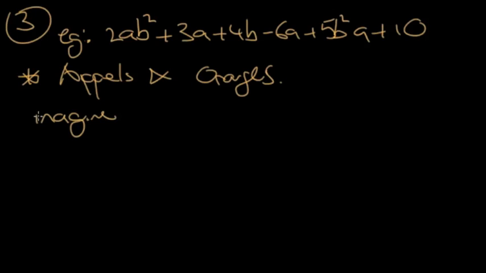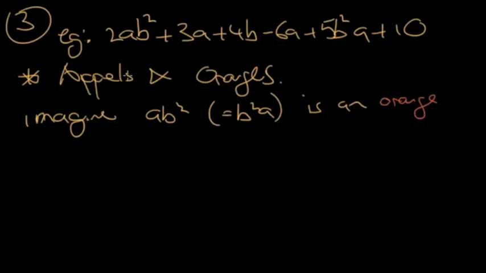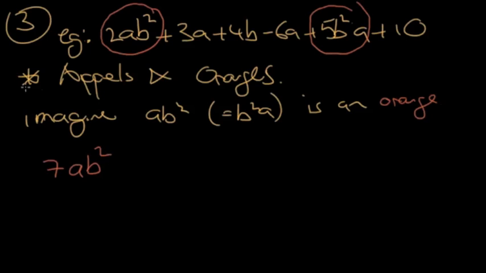Imagine AB squared, which is the same as B squared A, is an orange. So let's think about how many oranges we have. We've got 2 oranges there, and another 5 oranges there. So that makes all up 7 AB squared, or 7 oranges.